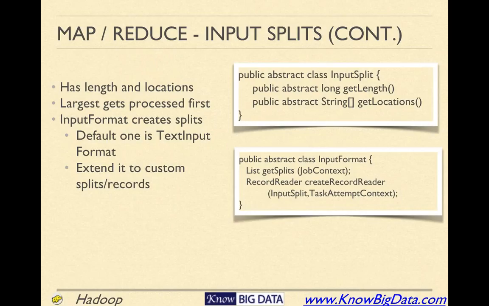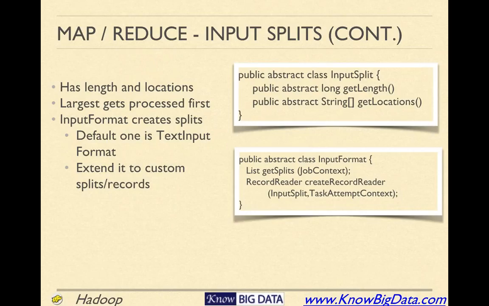By default, we have many input formats available to us. Even if you do not specify which input format you want, Hadoop automatically gives you the text input format. What does text input format do? It converts the raw file into records. Records here are the lines which are separated by \n.